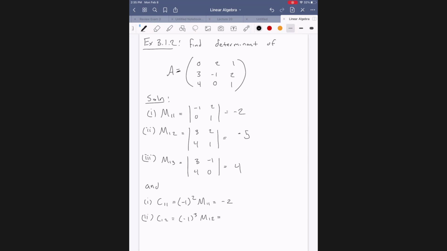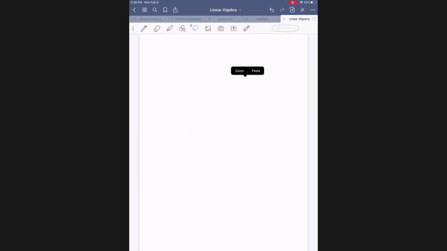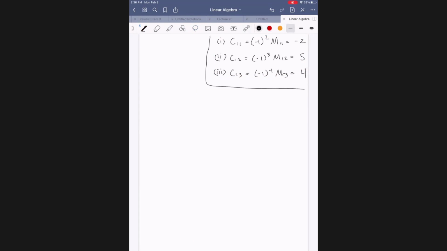So it'll be negative times, so it'll be 5. And then C13 is going to equal (-1) to the 4th times M13, which is going to equal this, so this would just be 4 in that case. Okay, so now we have everything, right? The very last step is to add them together as with that formula that I gave in the definition.